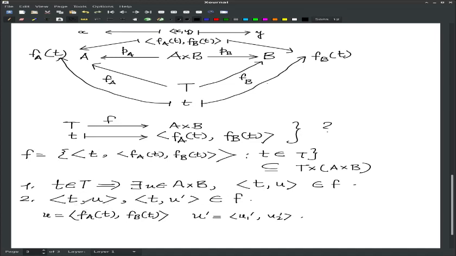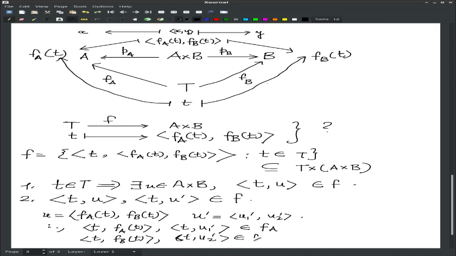So since both of them are here, since FA and FB are functions, so this tells me, so therefore t, u1 prime and t, FAt, they are in FA, and t, u2 prime and t, FBt are both in FB.